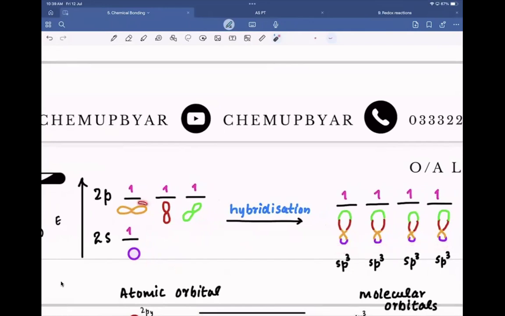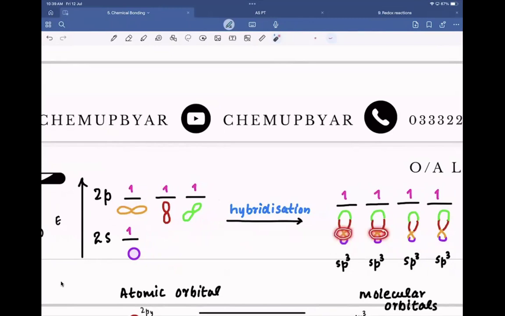In the same way, the px orbital is broken down into 4 equal parts, and each part is joined with the 1/4 part of the s orbital. In the same way, that happens with the py orbital and the pz orbital.